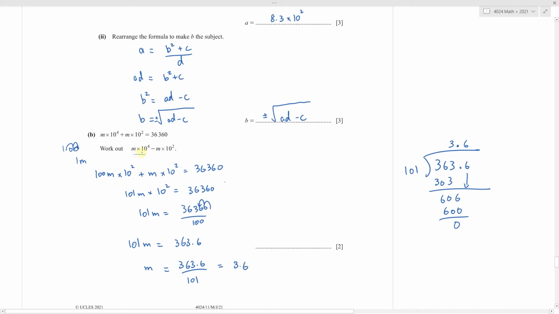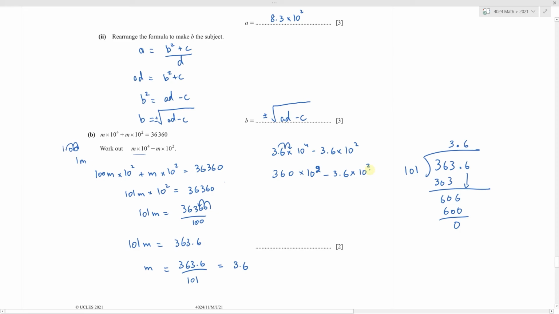So now we can easily calculate this. 3.6 into 10 power 4 minus 3.6 into 10 power 2. Again, I will move this decimal two places to the right. So this will become 360 into 10 power 2 now, minus 3.6 into 10 power 2.